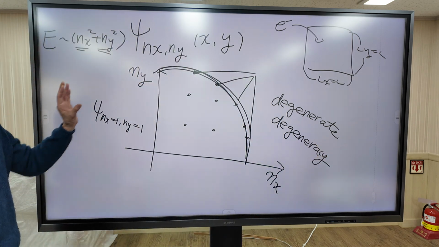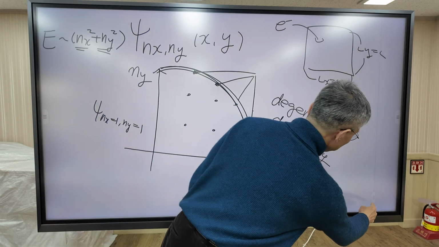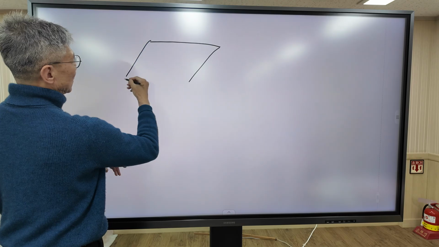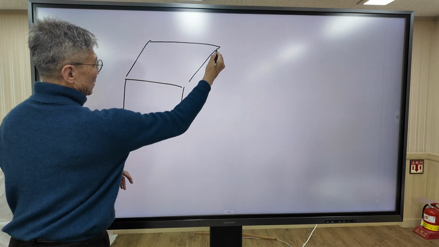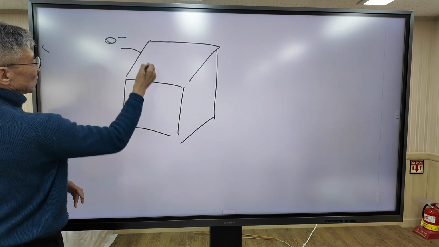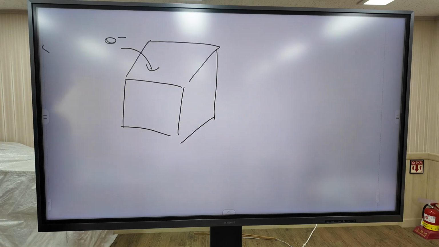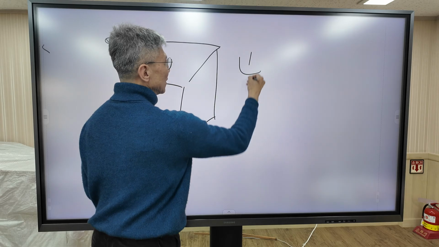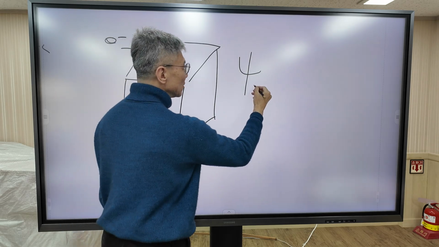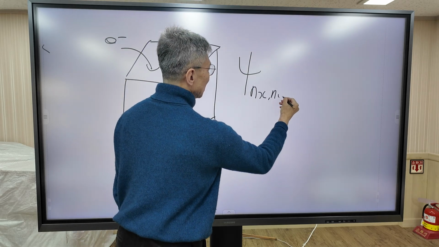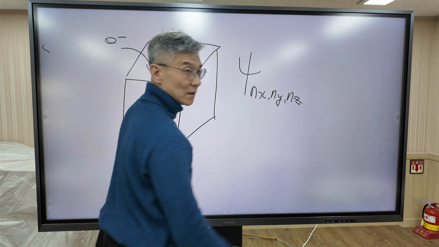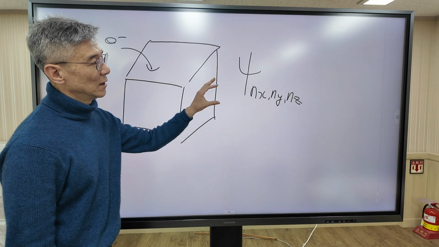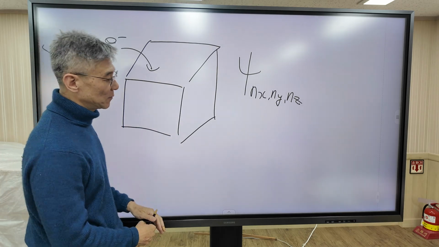Now move on to three dimensions. Now the electron is in a three-dimensional box. Similarly, the quantum mechanical state can be described by a wave function, and the wave function depends on three quantum numbers, nx, ny, and nz. Similarly, I can represent the quantum mechanical state as lattice points in three-dimensional space.